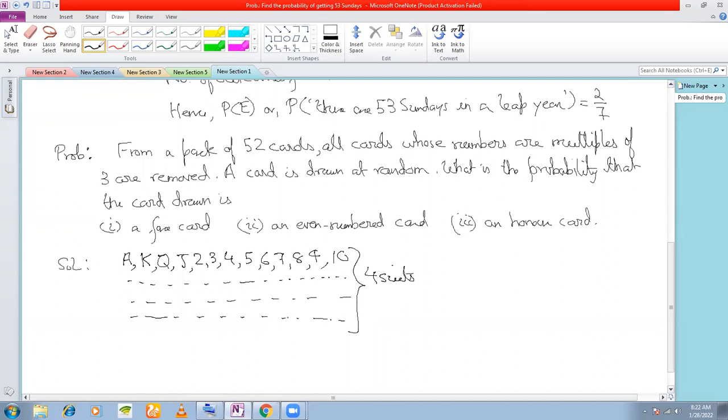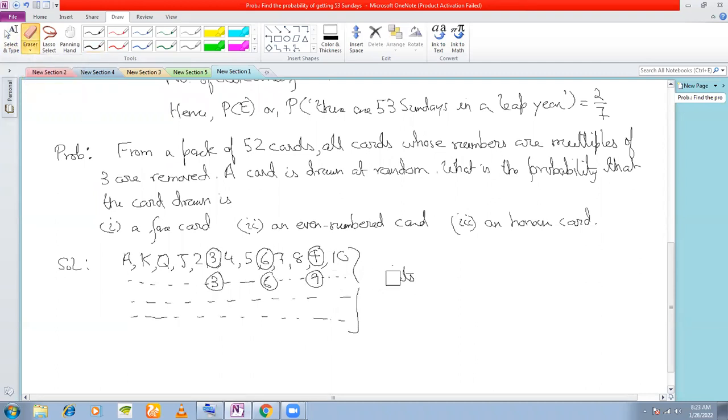This is the entire pack of 52 cards. Now from this, cards whose numbers are multiples of 3 are removed. So which cards are removed? From here, 3, 6, and 9 are removed. Similarly, from here also, 3, 6, and 9 are removed.